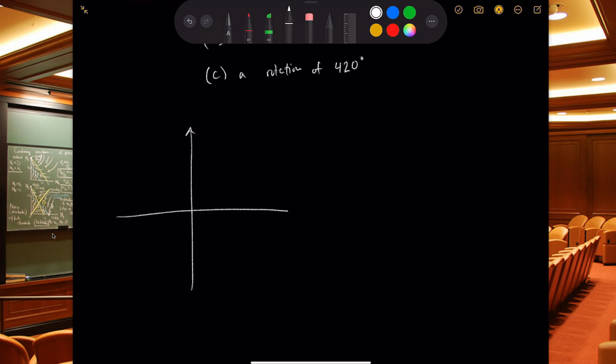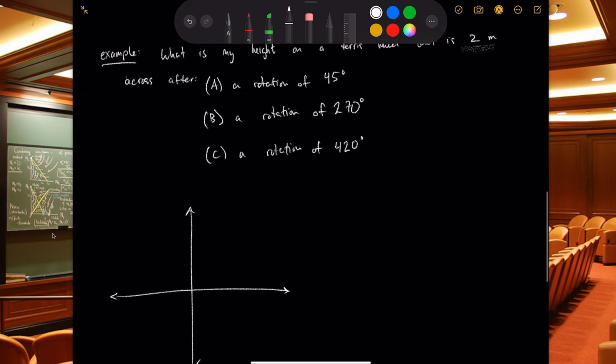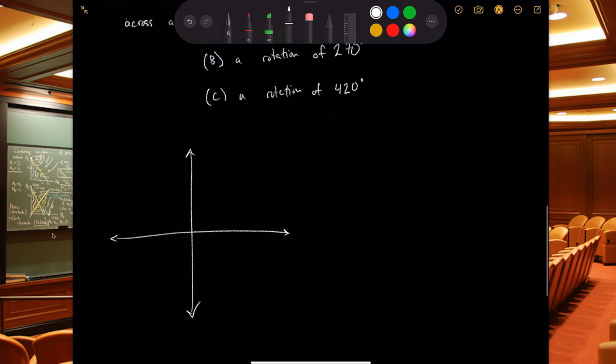So let's sketch again. Our Ferris wheel has a 2 meter diameter, so that means it's going to be 1 as a radius.